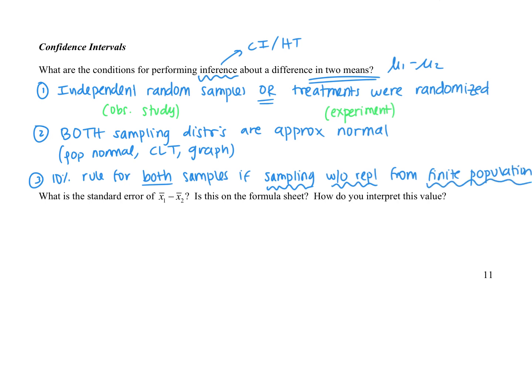So what I'm trying to say there is if it's an experiment, you don't need to check the 10% rule. If it's an experiment, in all likelihood, there was no sampling done. Like we said, most of the time you just have volunteers. So if it's an experiment, you often do not check the 10% rule. But the big thing here that I need us to see is that you are checking these assumptions for both samples. So it's kind of like doing double work a little bit. Has to be checked for both samples.